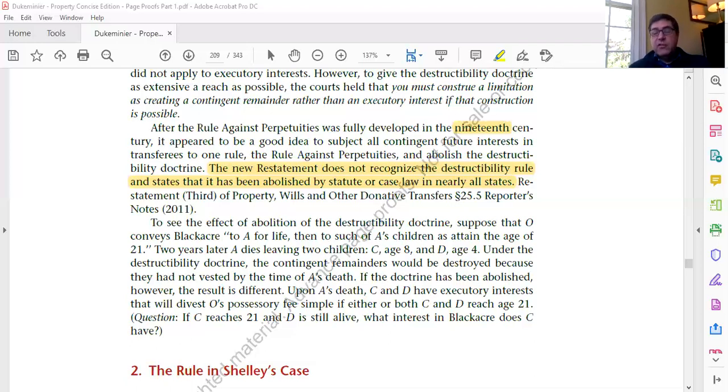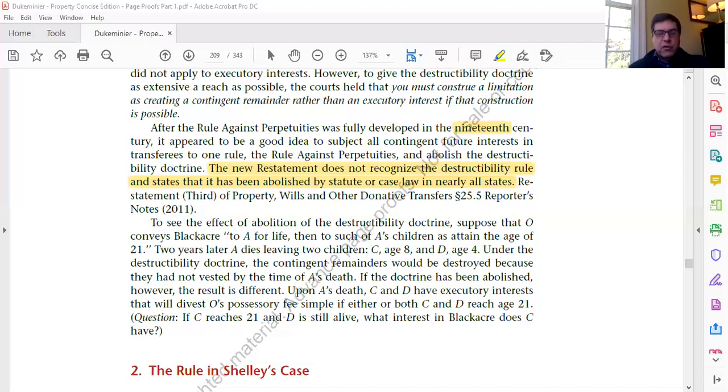B is still alive, and so presumably can still have children. So it's possible that there could be more children born to B. But the bigger problem for vesting is that there is this condition precedent. We only give the remainder to B's children who survive B. And so the condition precedent of surviving B makes this a contingent remainder rather than a vested remainder.